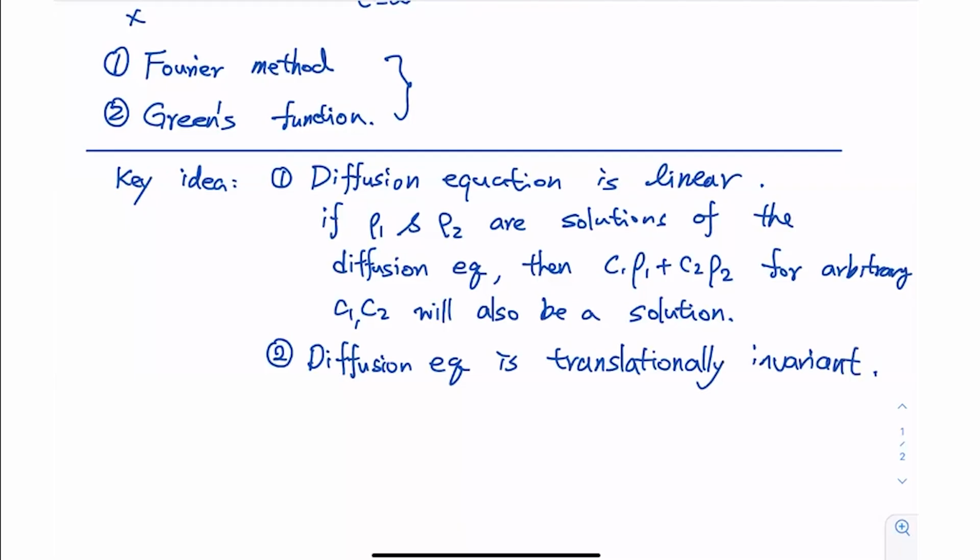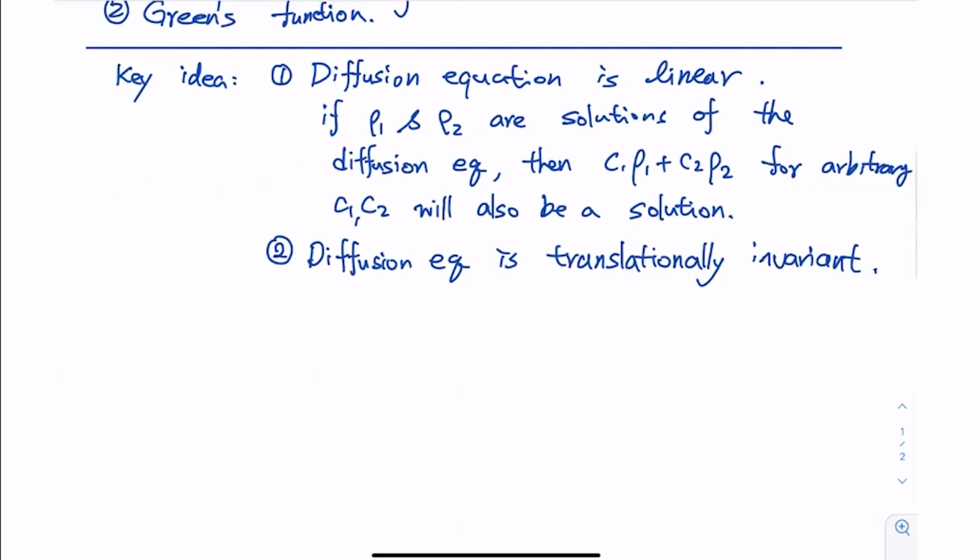Now, in our last lecture, I gave you more of a hand-waving argument, saying that you can use the Fourier transform to decompose your density profile into different wave vectors, solve that, and then you are able to use the Fourier method to solve the diffusion equation.